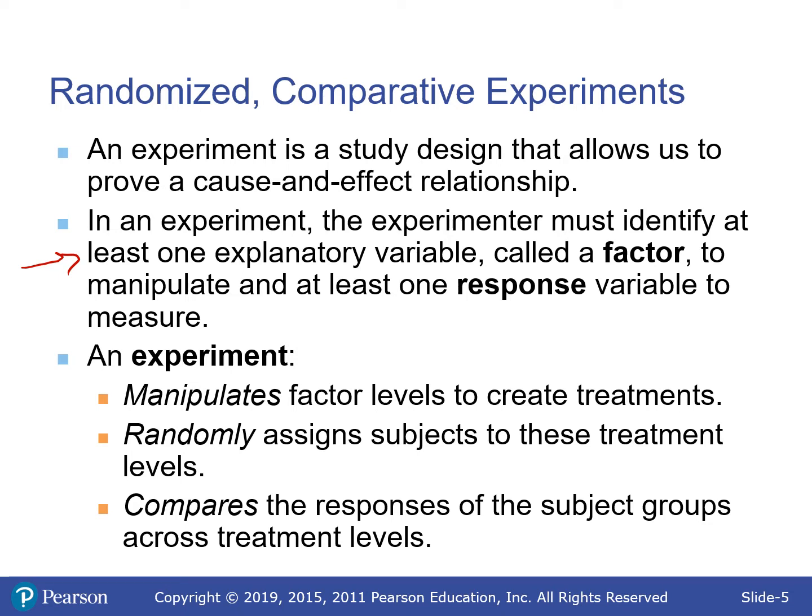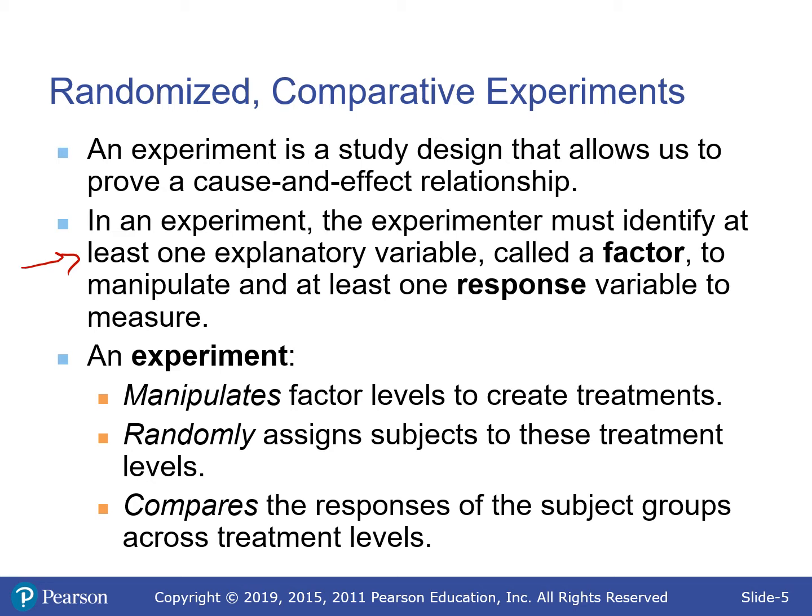So, in an experiment, they manipulate factor levels to create treatments. Factor levels could be the level, like the amount of a drug that's being taken. It could be the type of drug that's taken. It could be the amount of water that you're giving a plant.